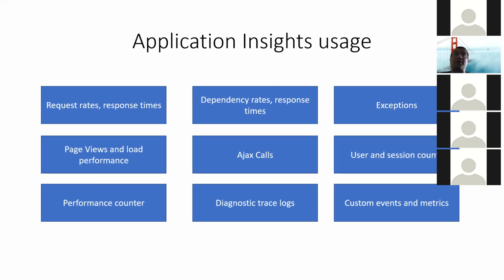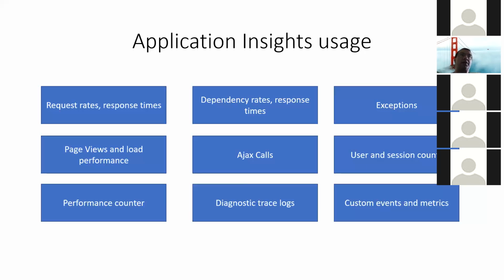We can track exceptions, analyze the aggregated statistics, or pick a specific instance and drill into the stack trace and the related requests. Both server and browser exceptions are reported. We can also show page views and load performance reported by your users' browsers.